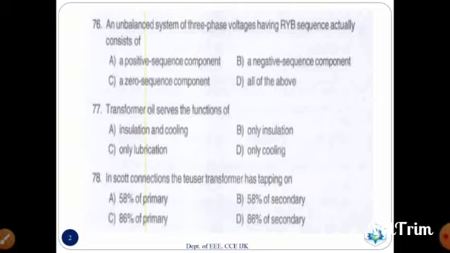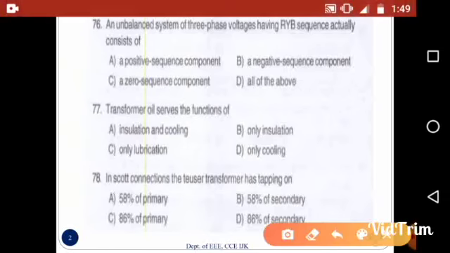Then a negative sequence component which is having a set of three phasors of equal magnitude and displaced from each other at 120 degrees in phase and having a phase sequence opposite of the original system. And the third one, three phasors of equal magnitude with zero phase displacement, known as zero phase sequence components. So, the answer is all of the above.